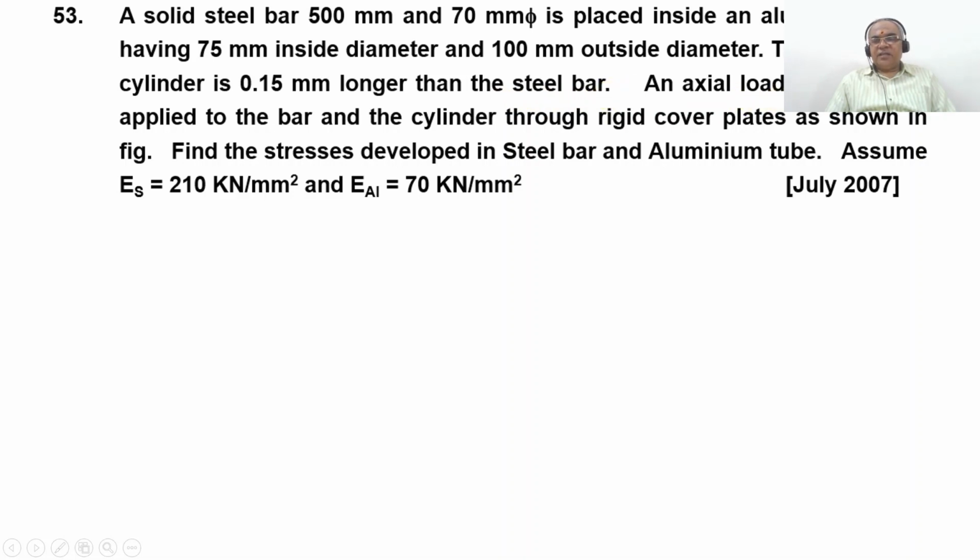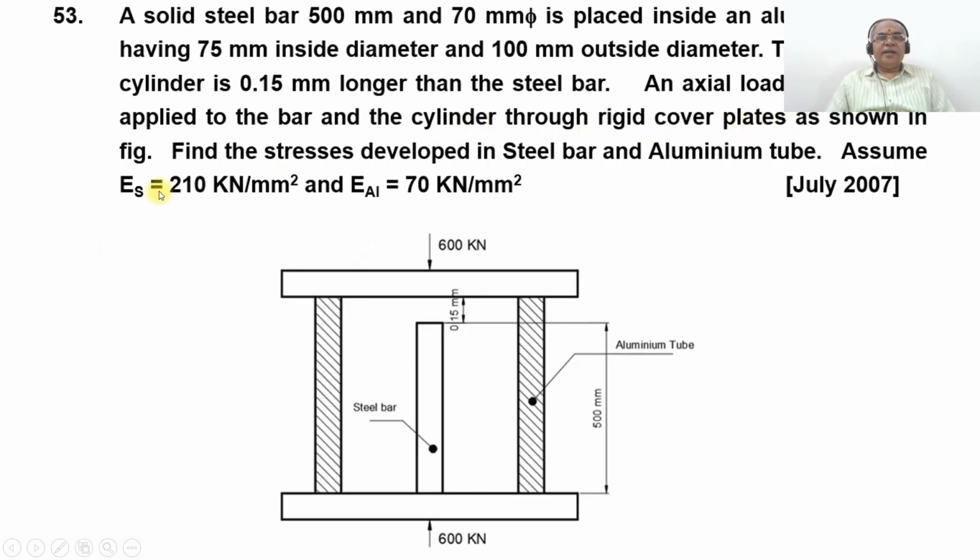An axial load of 600 kN is applied to the bar and the cylinder through rigid cover plates as shown in the figure. So we have a figure here. It says that the length of the steel bar is 500 and the aluminum tube is about 0.15 mm more than the steel bar.